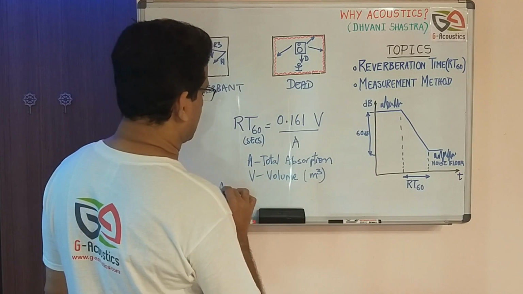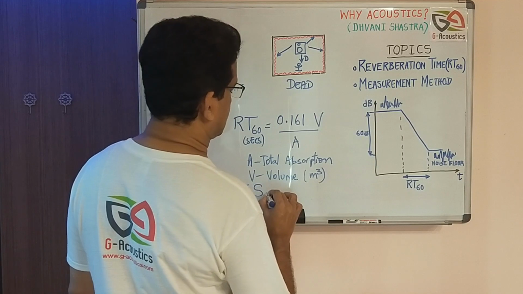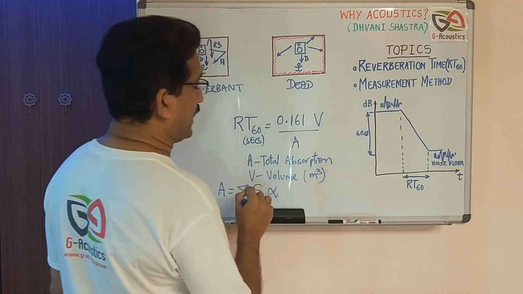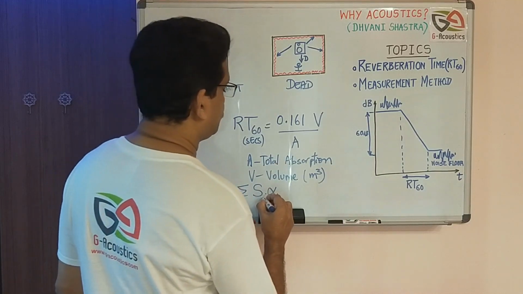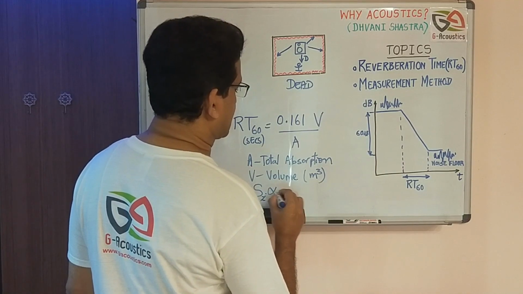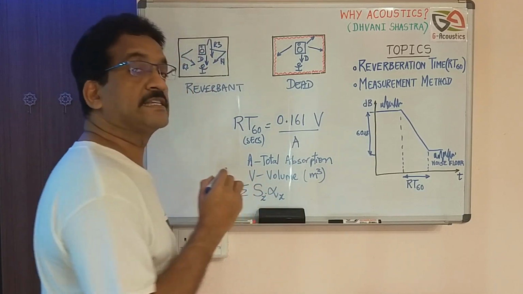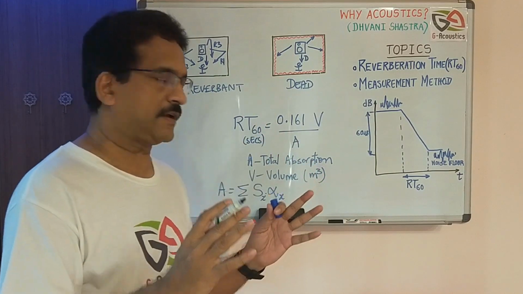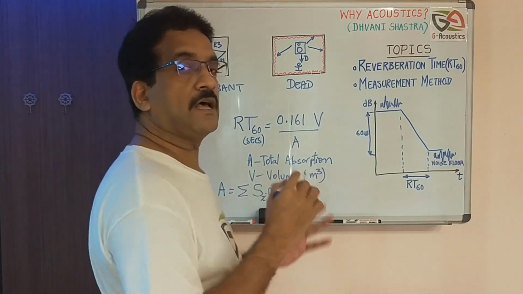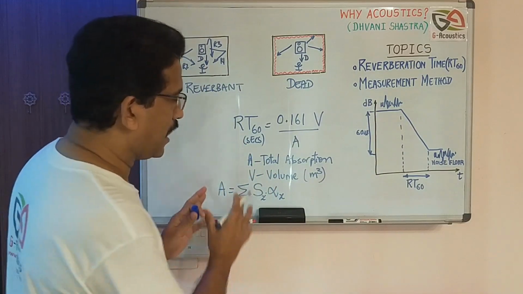In the previous lecture you studied that A is equal to the sum of S times alpha, that is, S1 alpha1, S2 alpha2 and so on, where S is the surface area of a specific surface of a specific material, and alpha is the absorption coefficient of that particular material.